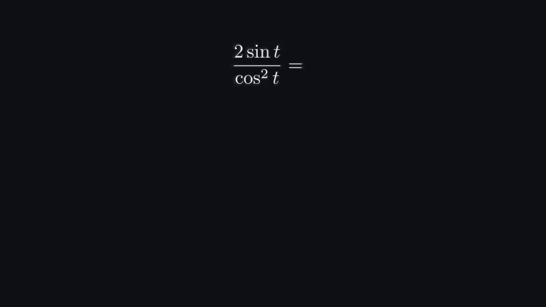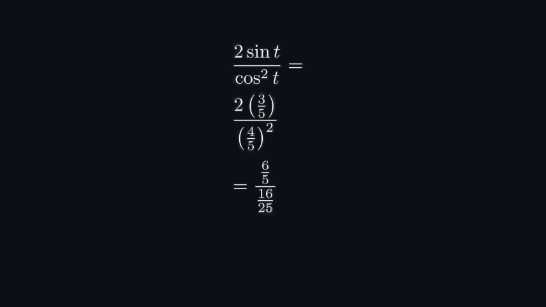Two sine of t over cosine squared of t equals 2 times 3 over 5, over 4 over 5 squared.